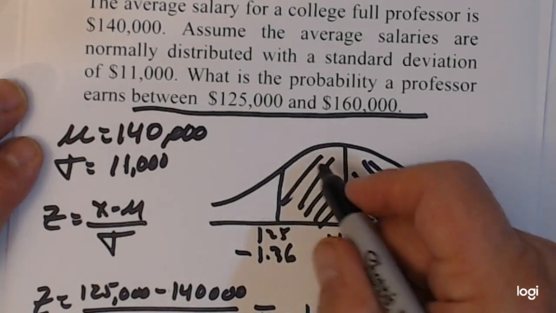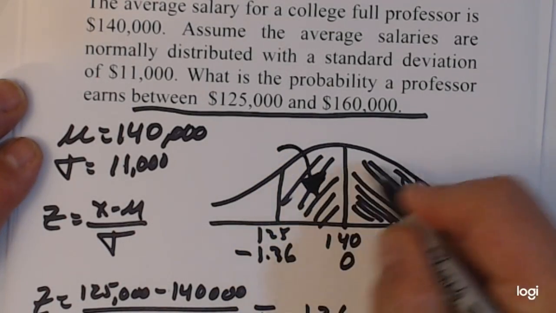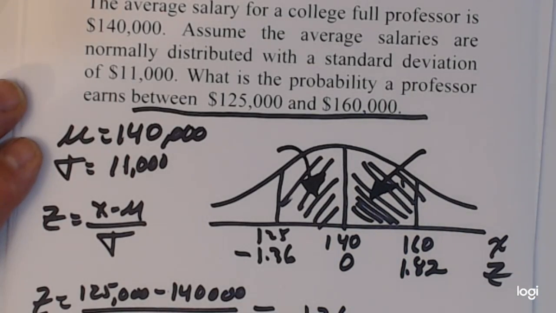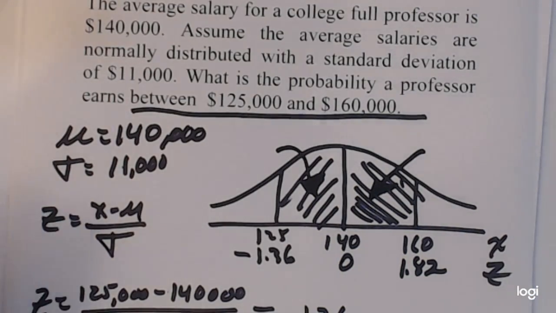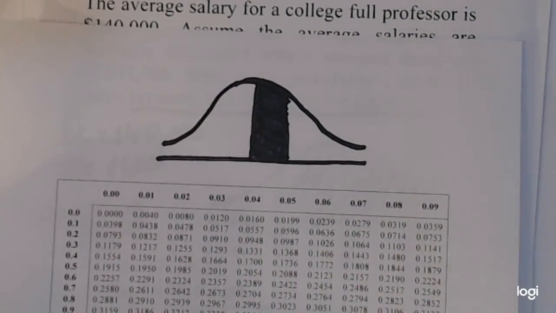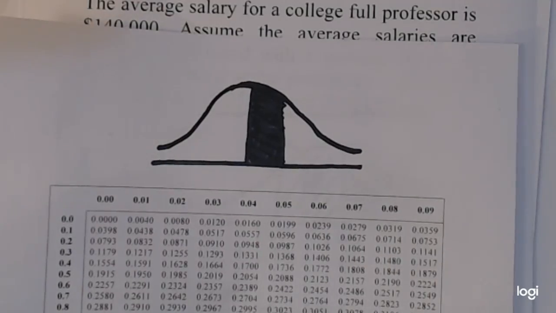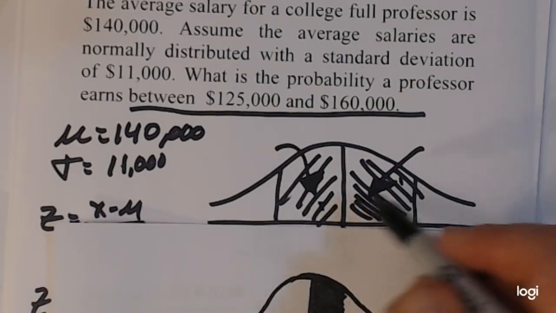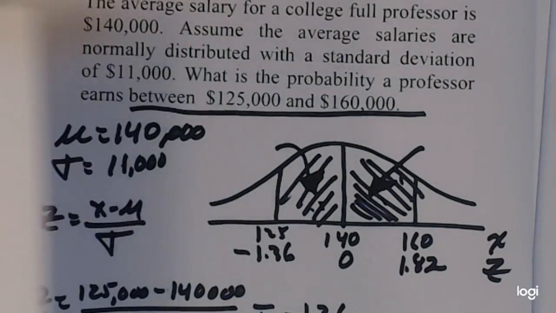So now we need an area for here and an area for there. So let's go to the table with the center colored in, because that's what matches both of these.